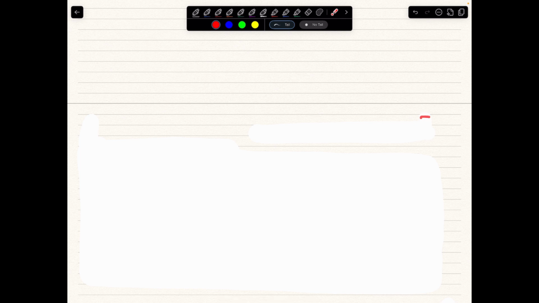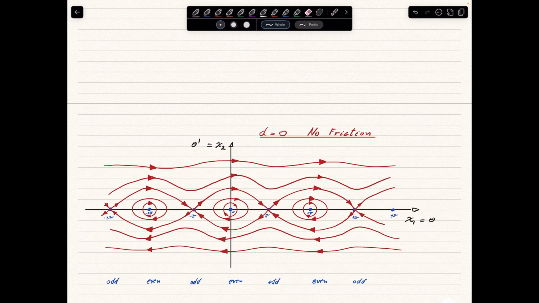So the conclusion for the case of no friction is this: with all the solutions, recall this is just one solution, this is another solution, then this is one solution, and these are the open over-the-top solutions with more and more velocity, and then everything in the other direction. And here are the critical points. So that's the movement of the pendulum with no friction. What happens when we add friction?